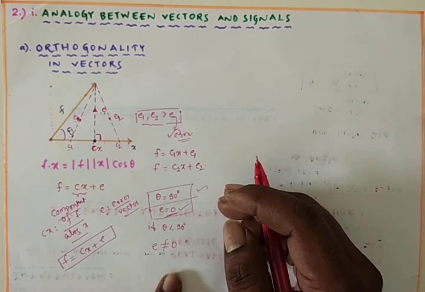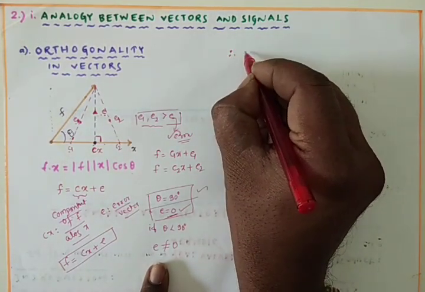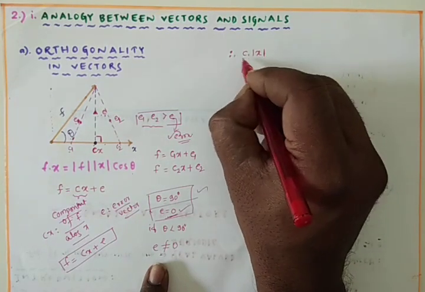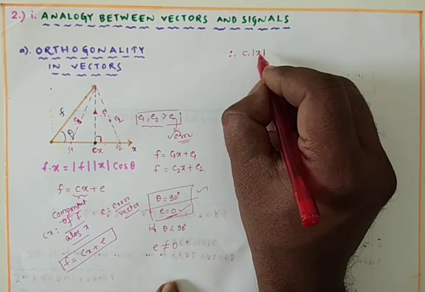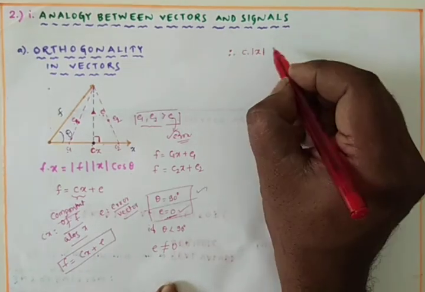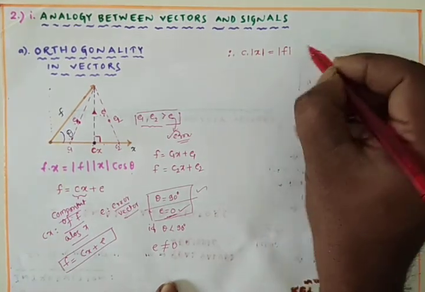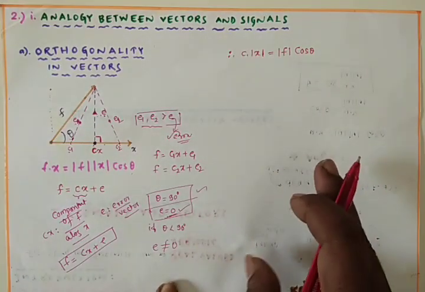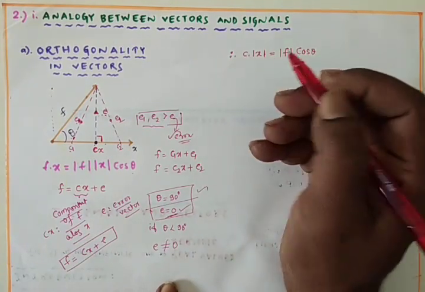So from this equation we can write C into modulus of X, which is the component along X, that is Cx, is equal to modulus of F into cos theta. If we want to convert it into a dot product, we have to multiply with X.